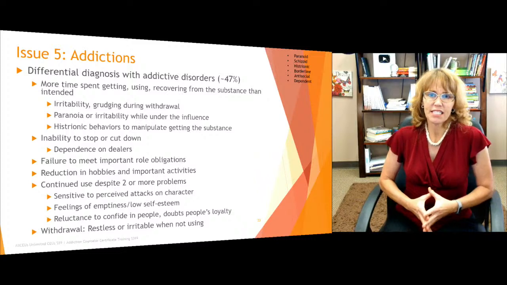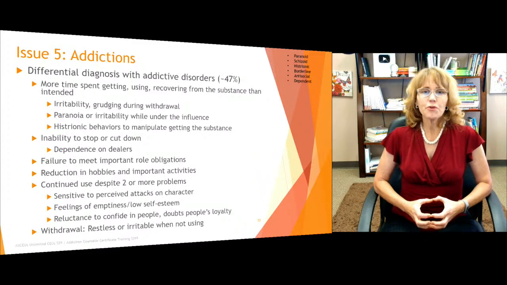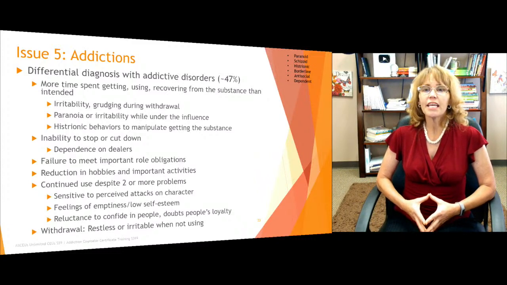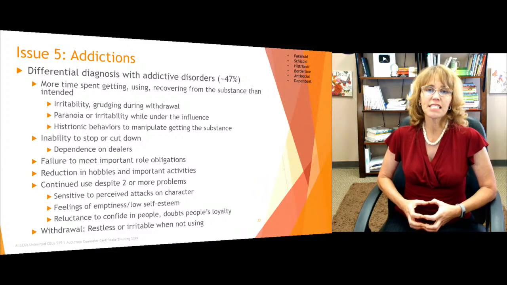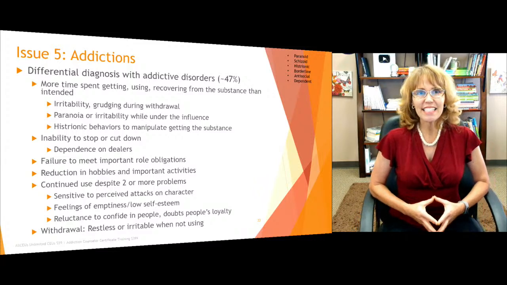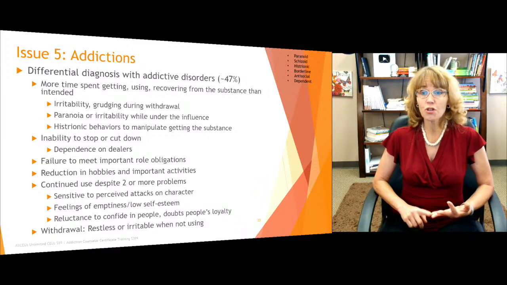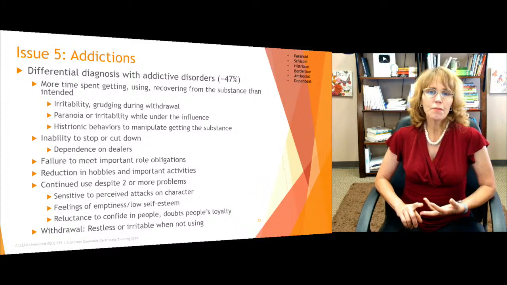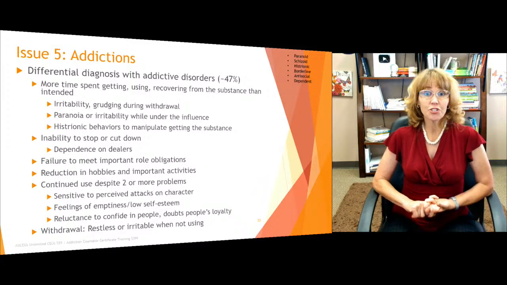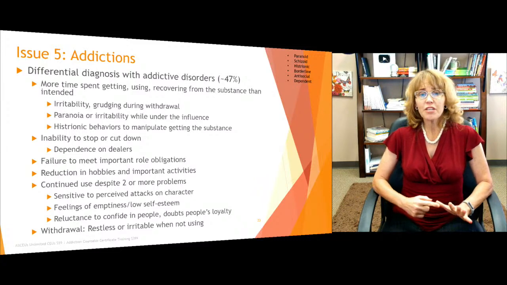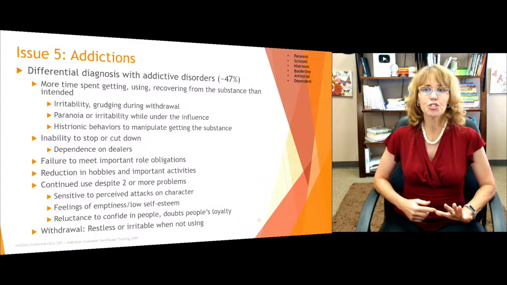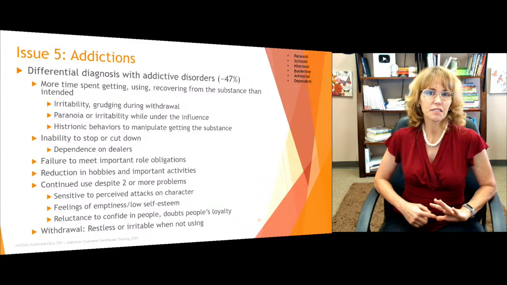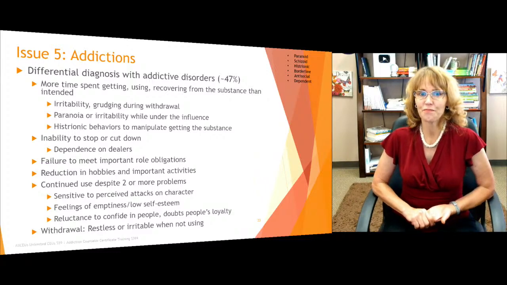And addictions. People with addictions spend more time getting, using, or recovering from the substance than intended. When they can't get to the substance, they are often irritable or grudging, especially during withdrawal. They may be paranoid or irritable while under the influence, and they may use histrionic type behaviors to manipulate getting the substance, or antisocial type behaviors.